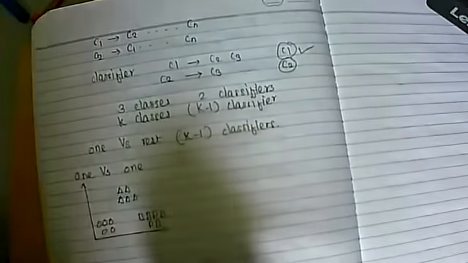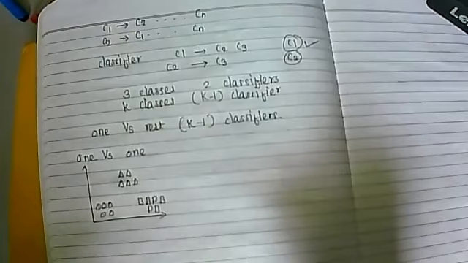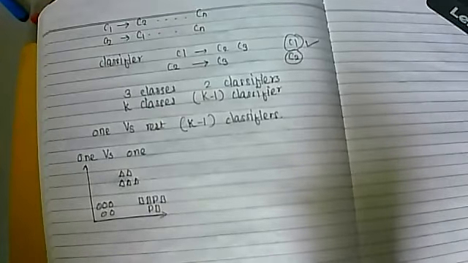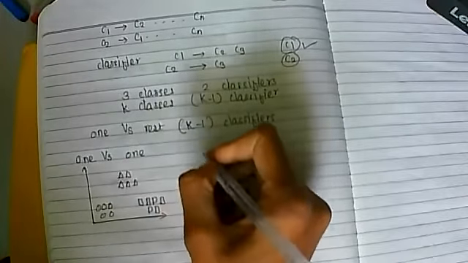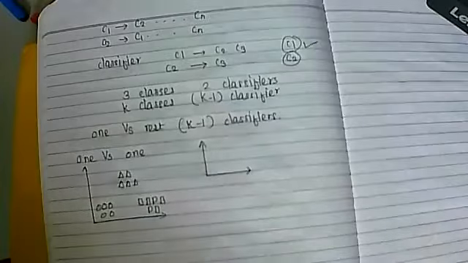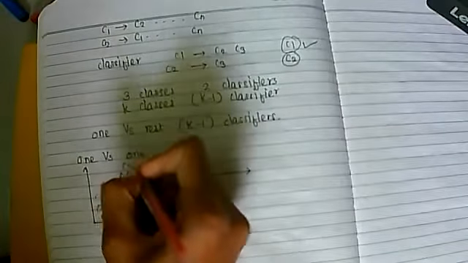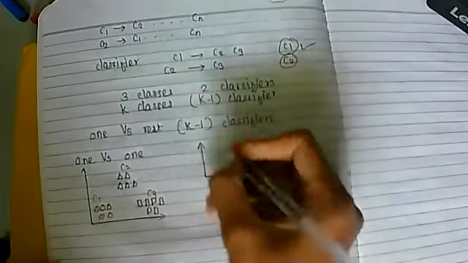Now 1 versus 1 means one class versus another class which is a single class only. So how many possibilities can be considered here? Suppose again we are taking this as first class, C1, C2, C3.